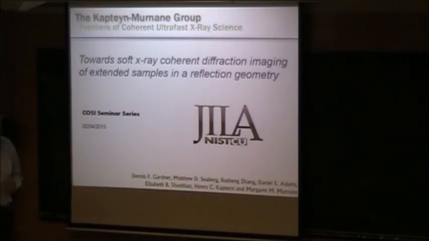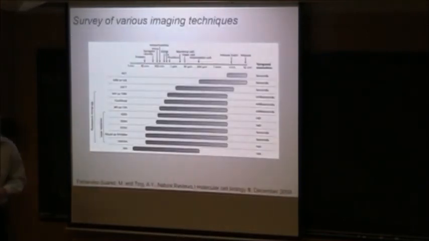But before I get into that, I want to present a survey of different imaging techniques. This was specifically for biological imaging techniques, but nonetheless, these techniques are used throughout many sciences. For example, with confocal, your limiting resolution is basically the diffraction limit, and you have, say, a millisecond timescale resolution for your ordinary standard confocal microscope.